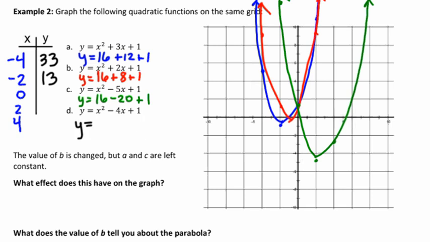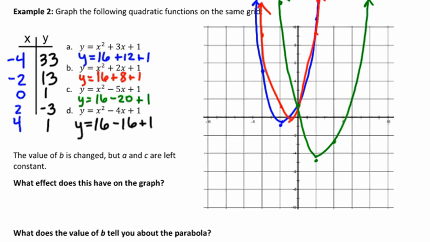Y equals 0 minus 0 plus 1, so again at 0 it's 1. 2 squared is 4, minus 4 times 2 is 8 plus 1. 4 minus 8 plus 1 gives us negative 3. And our last point, 4 squared is 16, minus 4 times 4 is minus 16, plus 1, 16s will cancel and we're left with a 1.